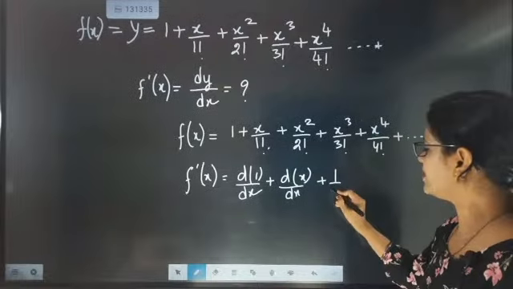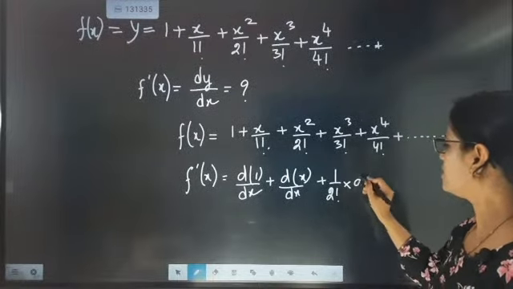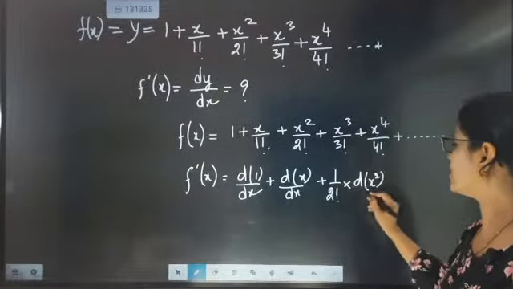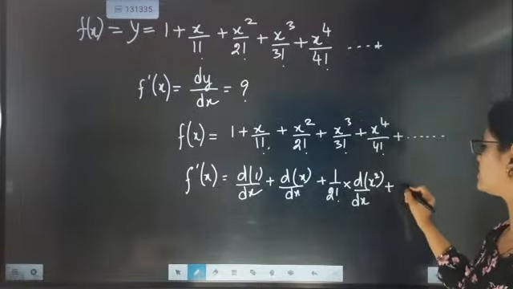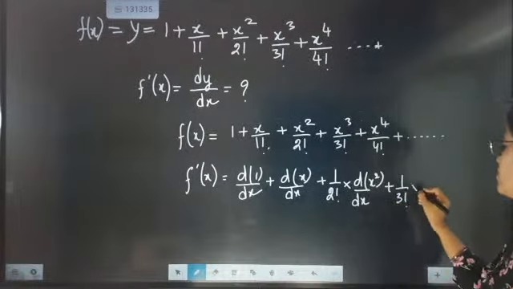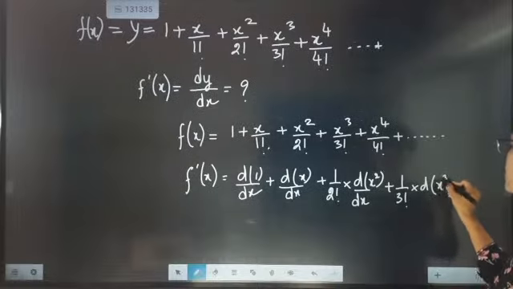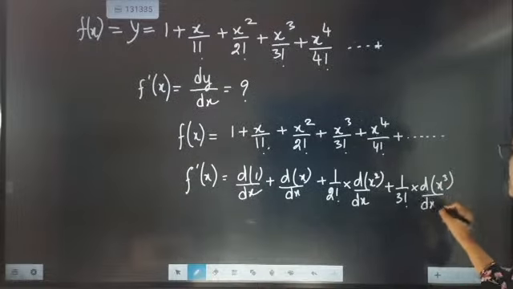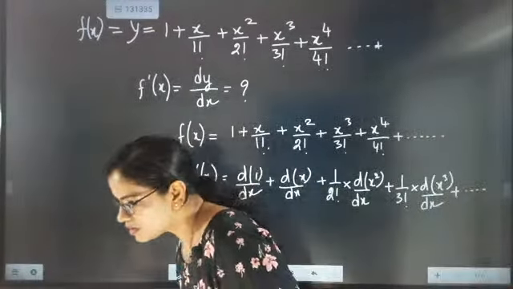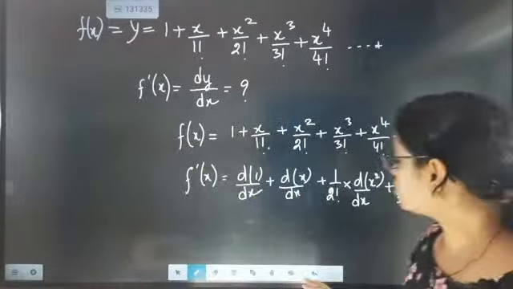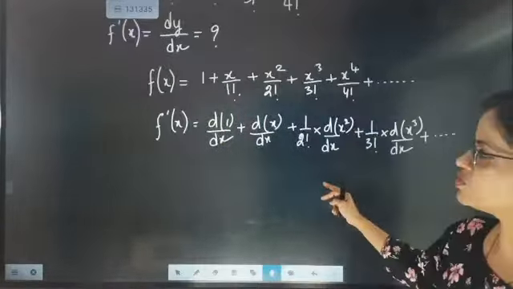The best way of writing is 1 by 2 factorial into differentiation of x square with respect to x, 1 by 3 factorial into differentiation of x cube with respect to x, and so on. Okay, now it will go on, Saranya, but you have to give a closure here, beta.